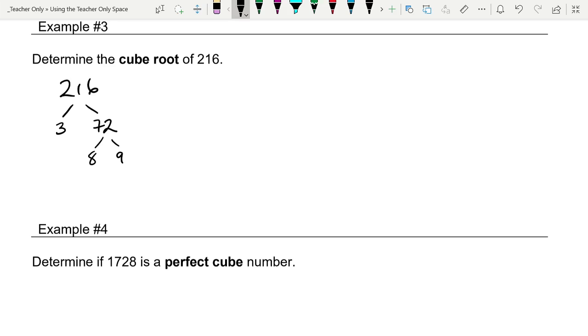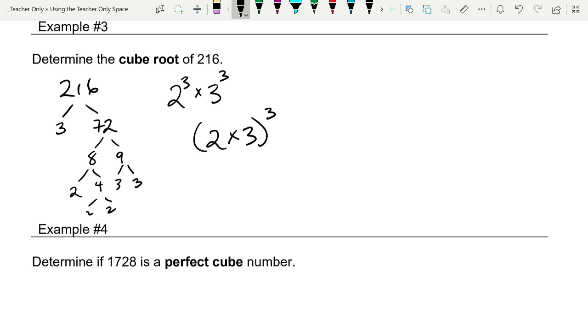That's 8 times 9 from my timetable. So that's 2 times 4, which is 2 times 2, and 9 is 3 times 3. So take a look. I have 2 cubed times 3 cubed. And once again, that means I can group that together as 2 times 3 cubed, which is 6 cubed. Therefore, the cube root of 216 is 6.